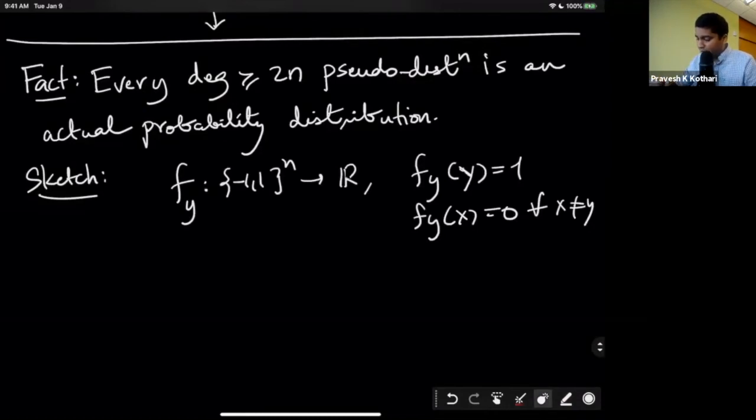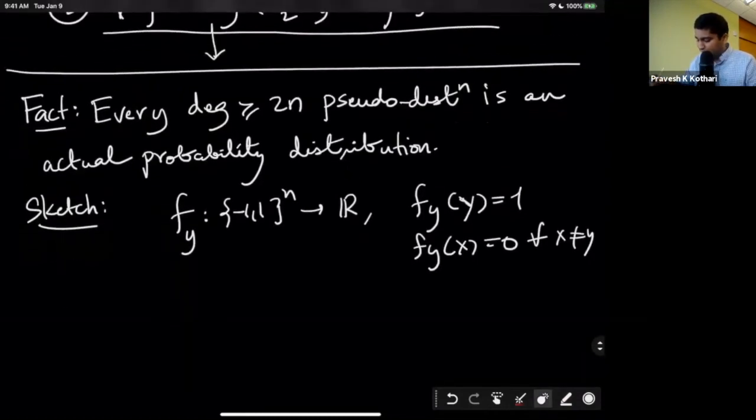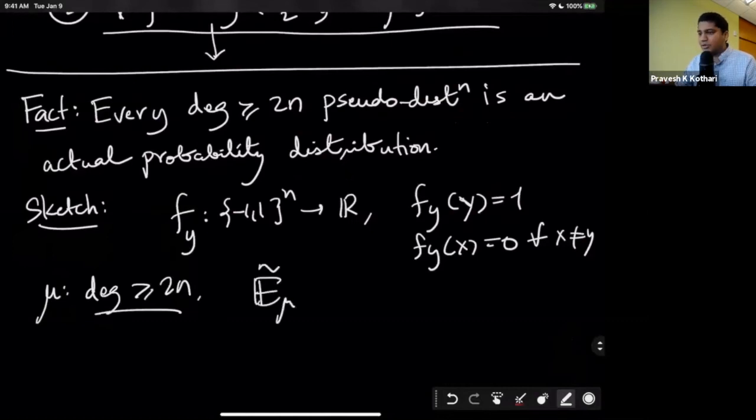If I take a degree 2n pseudo distribution, then the squares of all degree n polynomials get non-negative values. fy must get non-negative values, right? Because fy was a polynomial of degree at most n.